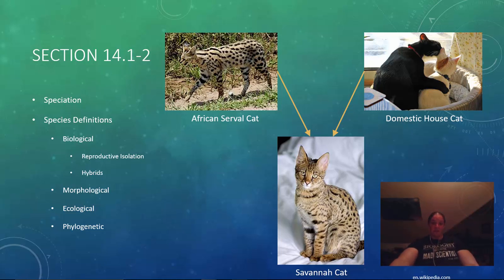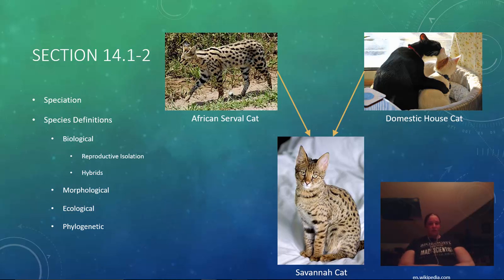This cat is the offspring of the wild African serval and the domestic house cat. These two will never find each other in nature. It's human mediated to create a new pet breed. Savannas are awesome, big, smart, and need a lot of space.